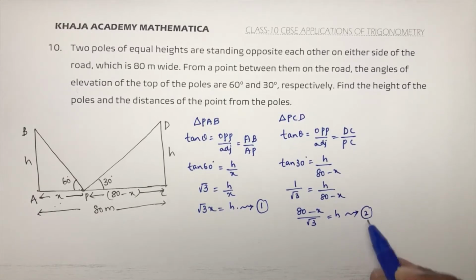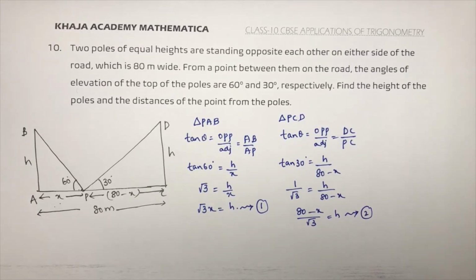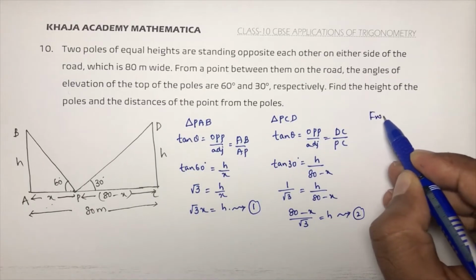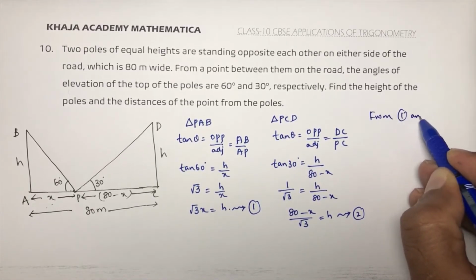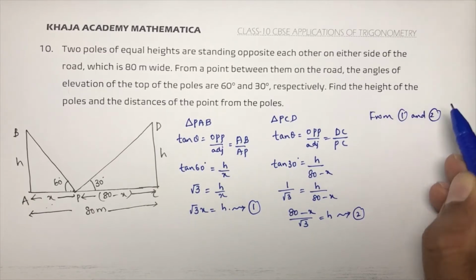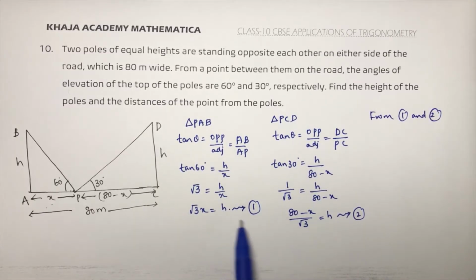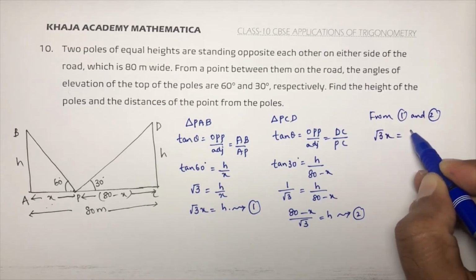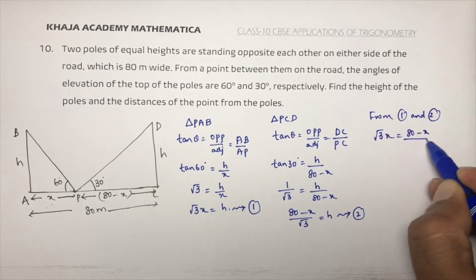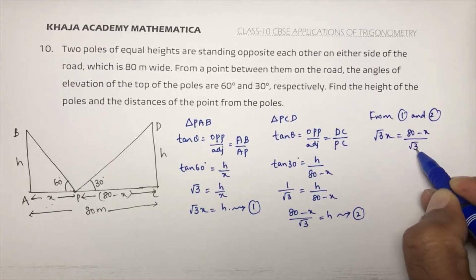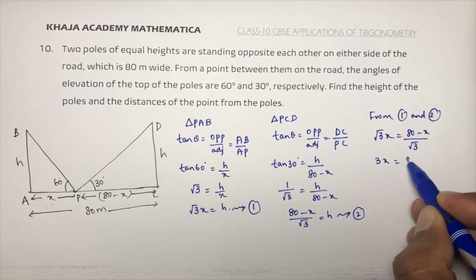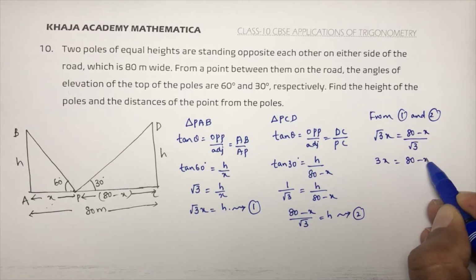This is equation 2. Now from equation 1 and equation 2, both are equal to h, so I'll equate root 3x equals (80 minus x) by root 3. Root 3 into root 3 is 3, so 3x equals 80 minus x.